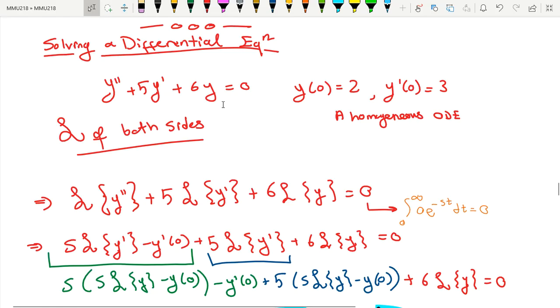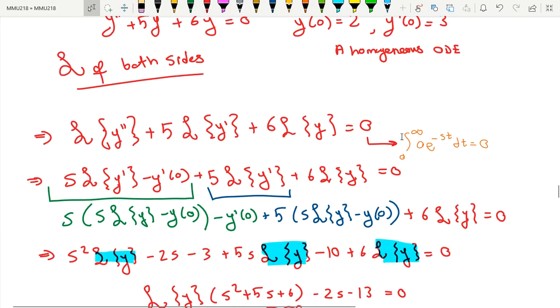So let's take the Laplace of both sides. On the left hand side, Laplace of y double prime, plus 5 Laplace of y prime, plus 6y, and Laplace of 0. Laplace of 0 is 0, because if I put it into my kernel function, it's 0 times e to the minus st, which is null, so 0.